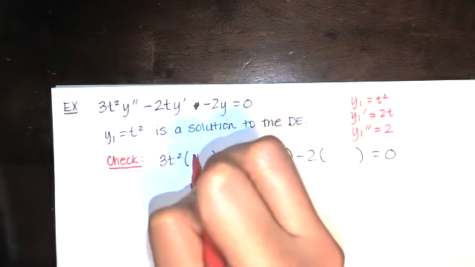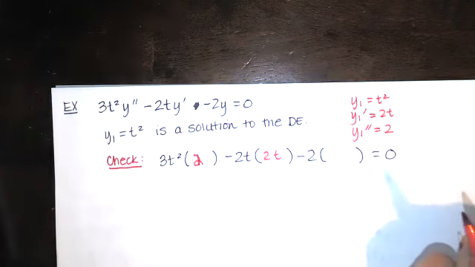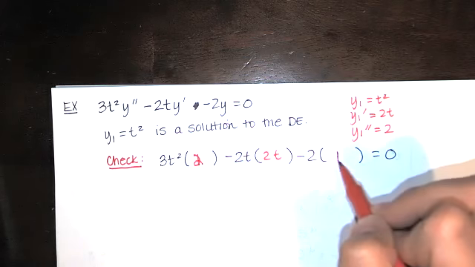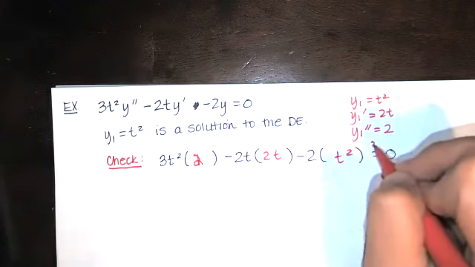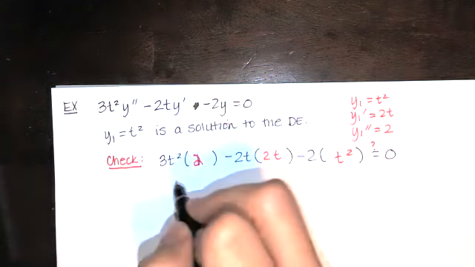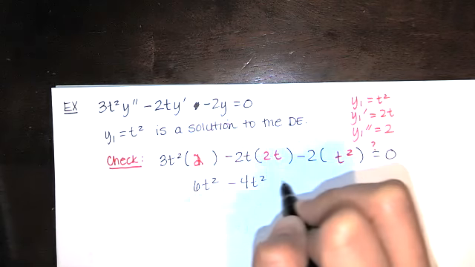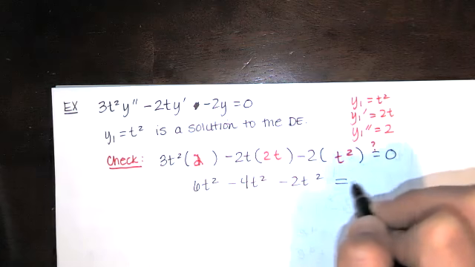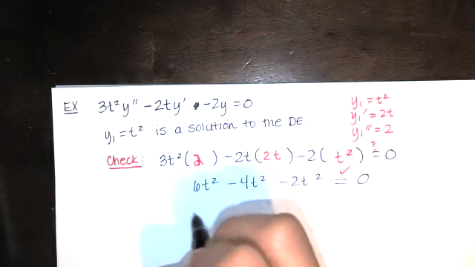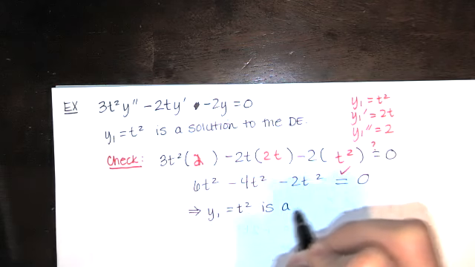Y sub 1 double prime was 2, y sub 1 prime was 2t, and y sub 1 itself was t squared. I guess we're checking to see if that's equal to 0, so I shouldn't say that it equals 0 yet. Let's simplify this left-hand side. We've got 6t squared minus 4t squared minus 2t squared. Yep, that's definitely 0. So that allows us to verify that y sub 1 equals t squared is a solution.